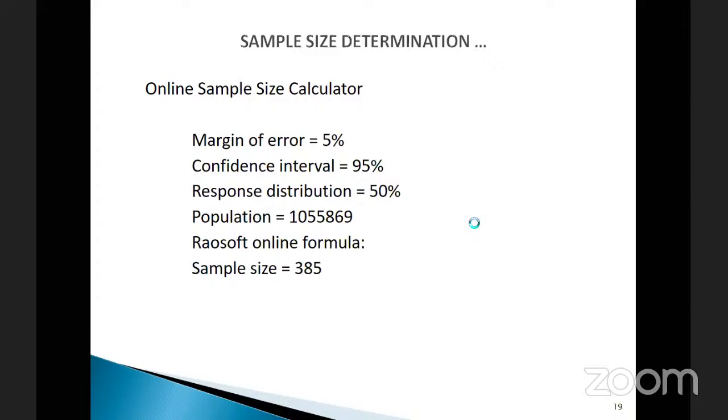If you want a sample to give you an idea or to predict what happens in a population, for it to have a predictive value, then it has to be a representative of the population. And the closer the sample size is to the population, the more it can represent it. So, that's a simple logic.